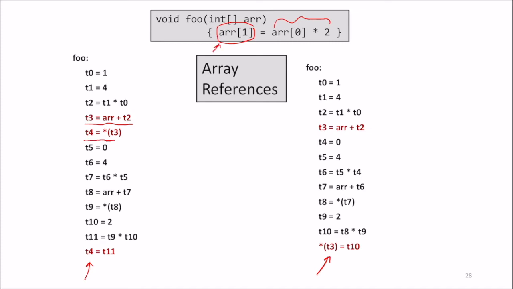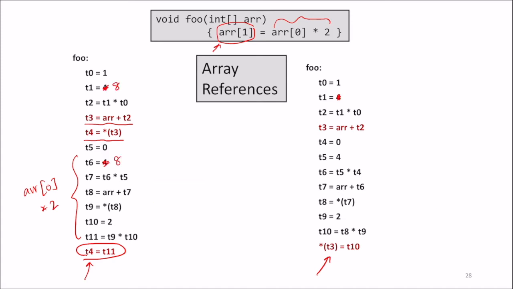Then it's dereferencing that location and storing the value at that location in T4. And at the end, T11 would be the array of 0 times 2.